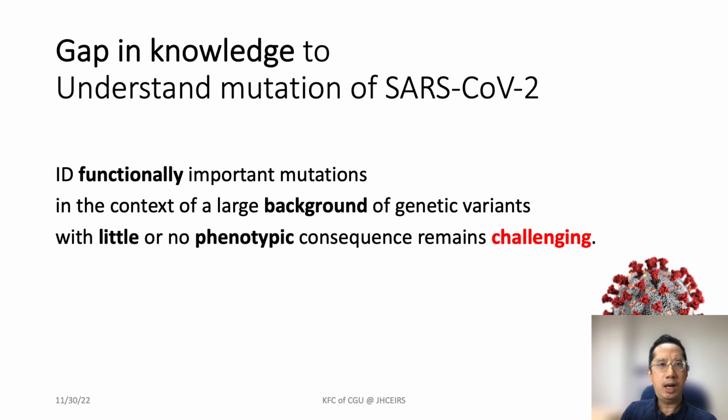And then the gap in knowledge to understand these important mutations is that identifying functionally important mutations in the context of a large background of genetic variants with very little or even no phenotypic consequence is still very challenging to researchers.